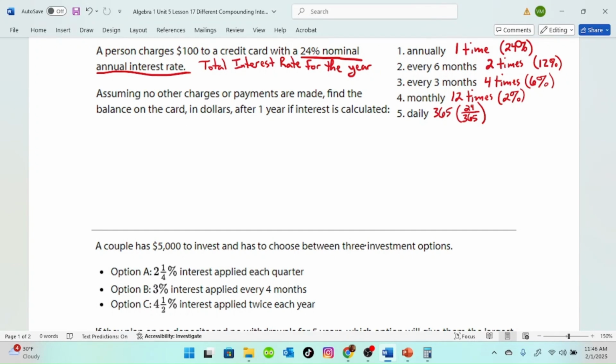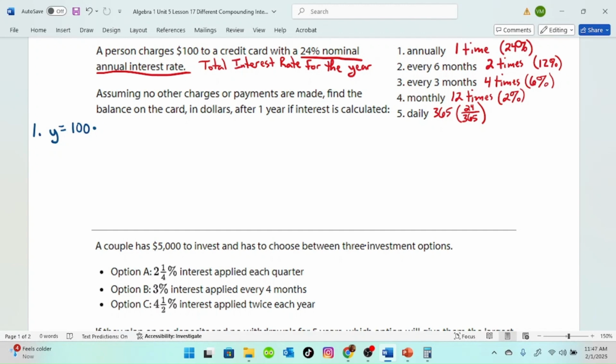So now what we'll do is each time we figure this out, we're going to have the same initial starting value, $100. But each time is going to have a new growth factor, and it's going to have a new exponent. So for number 1, we can say y equals the $100 we start with times the growth factor.